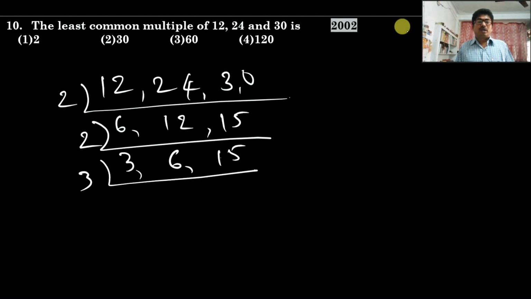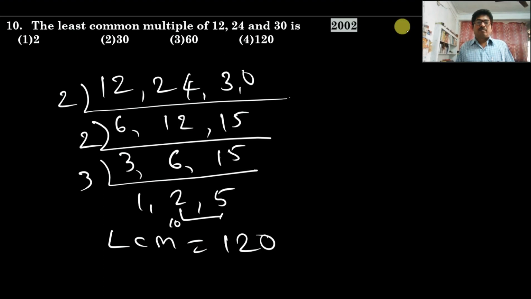Now 3 table: 3 twos are 6, 3 fives are 15. So the LCM of these numbers is 2 times 2 times 3 times 10, that is 12 with 0 beside it. So the answer is 120, option 4.